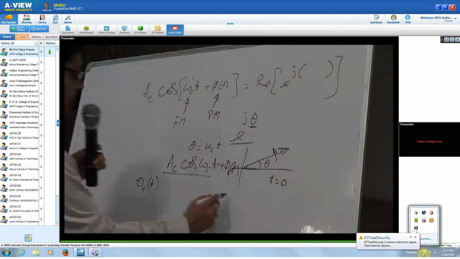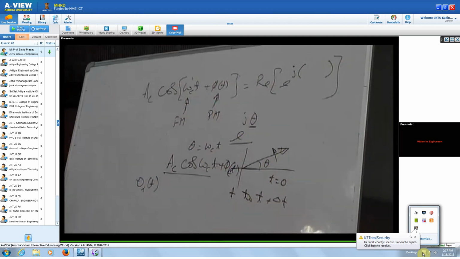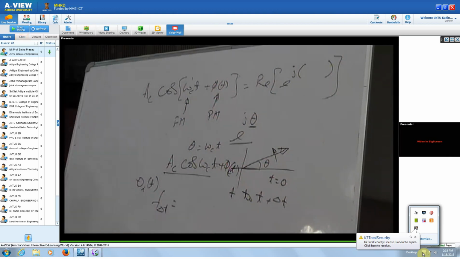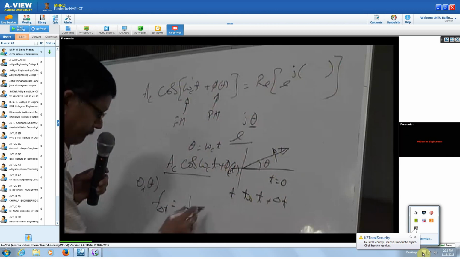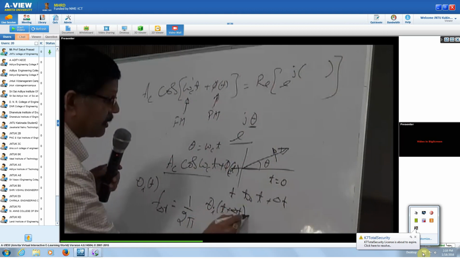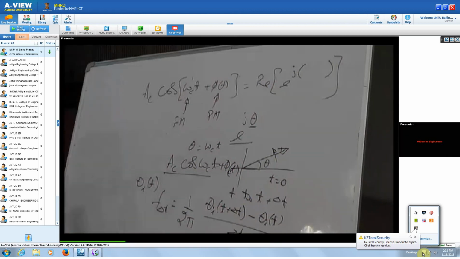So between t and t plus delta t, if we have this variation, then the frequency f delta t, the angular velocity of this, will be equal to 1 by 2 pi times theta i of t plus delta t minus theta i of t by delta t, the angular velocity.